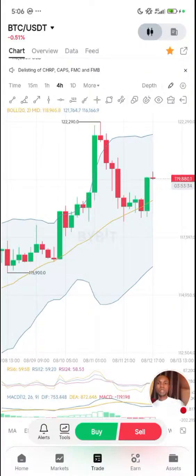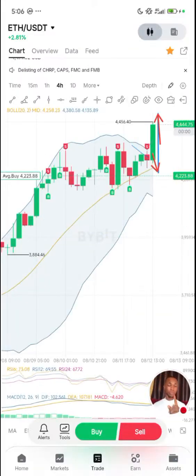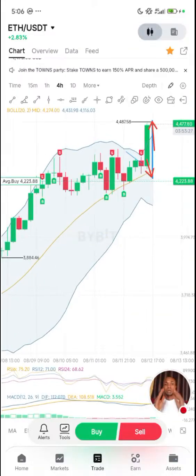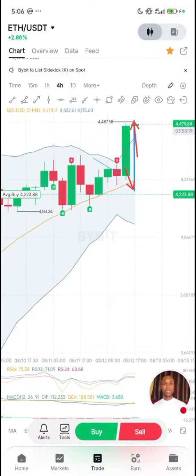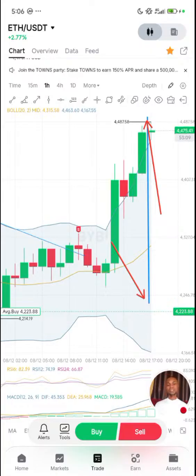And let's go back to Ethereum. Ethereum might go up again, but not more than this. So Ethereum is about to go down. Not that it's going to go down very long, like to $3,000 or $3,600 or something like that.